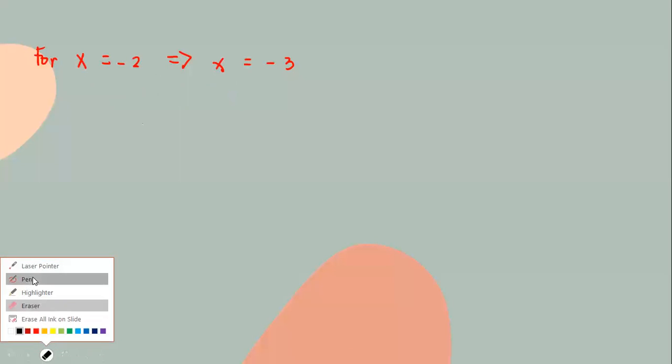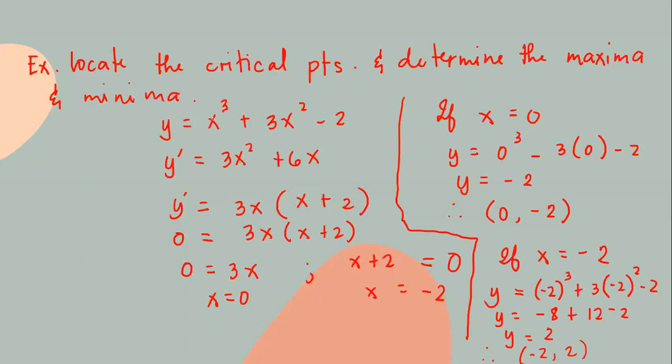What is your y prime? Y prime is 3x squared plus 6x. Taking the common factor, we have 3 times x squared plus 2x. Substitute negative 3: negative 3 squared plus 6 times negative 3.